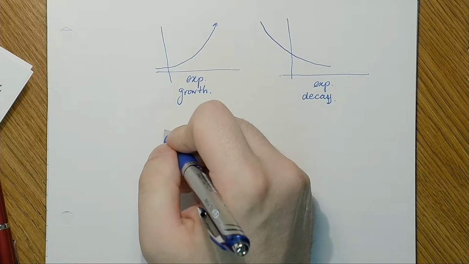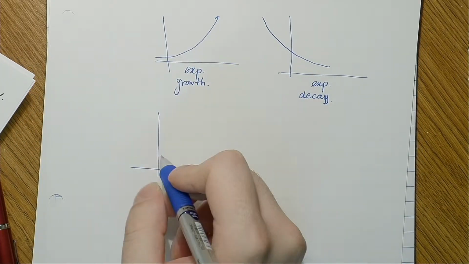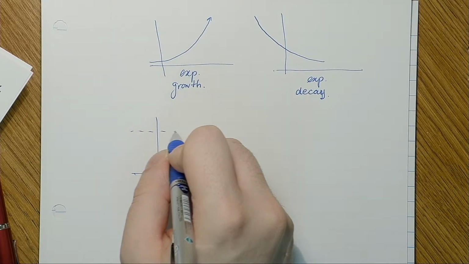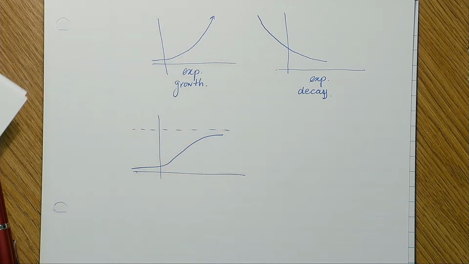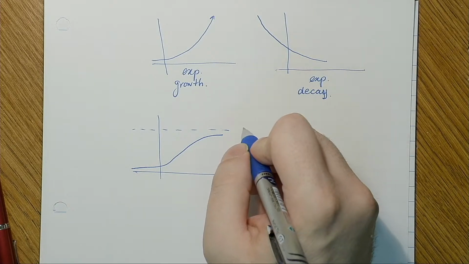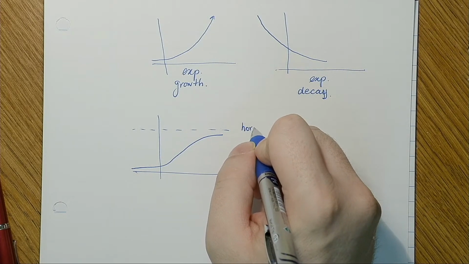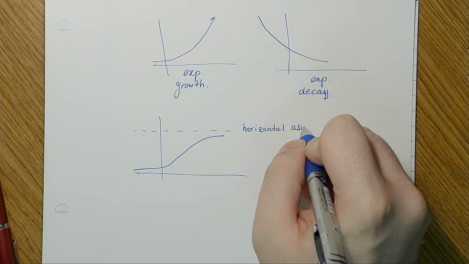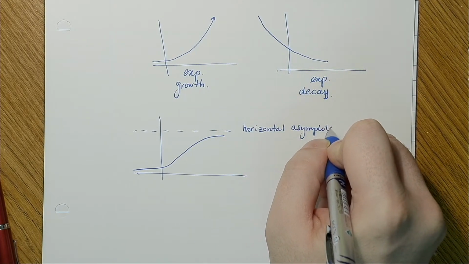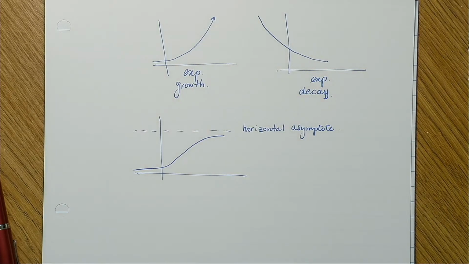But sometimes what we want is maybe something like this, where it actually will approach a value. And those are things like learning curves or logistic curves. That's where we have a horizontal asymptote. And we'll get into those next time.